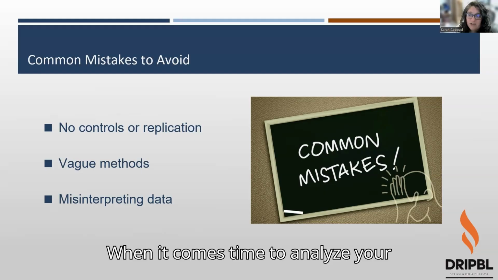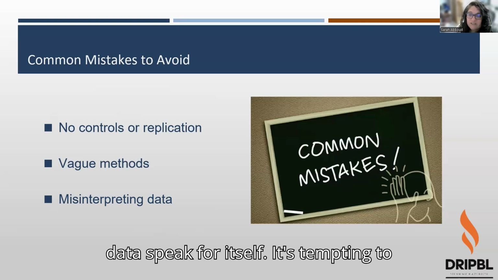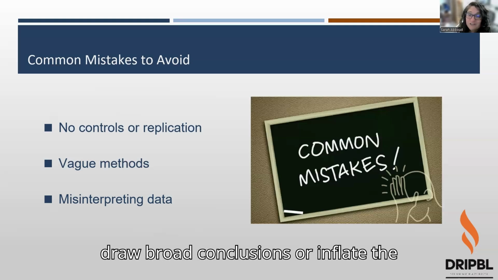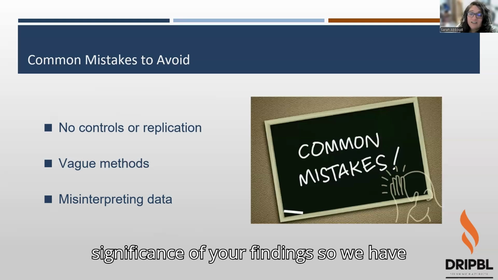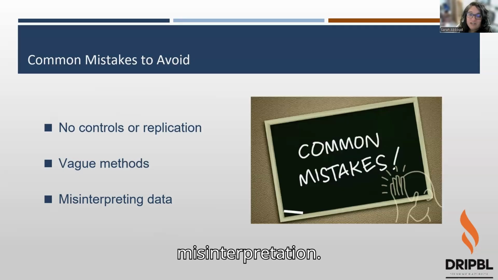When it comes time to analyze your results, we want to be cautious. Let the data speak for itself. It's tempting to draw broad conclusions or inflate the significance of your findings, so we have something flashy or showy, but doing so can lead to misinformation or misinterpretation. Significance will be there if it's there.